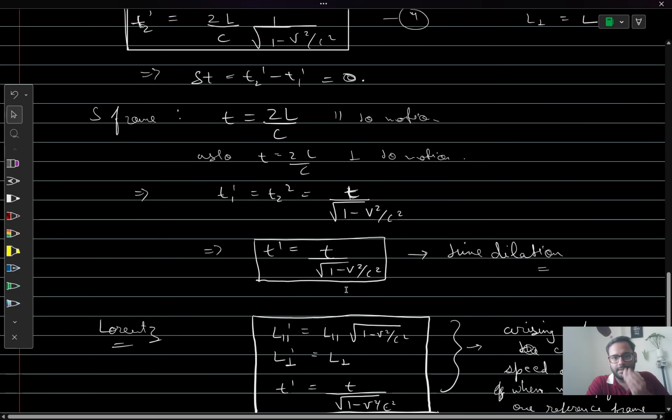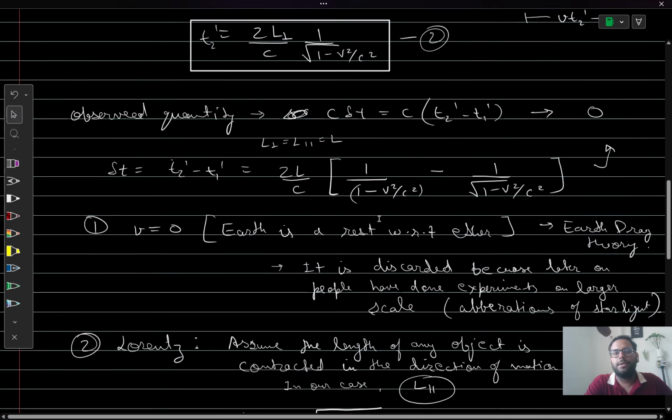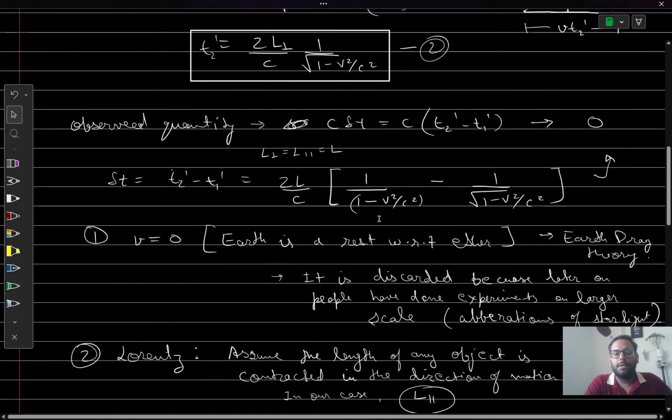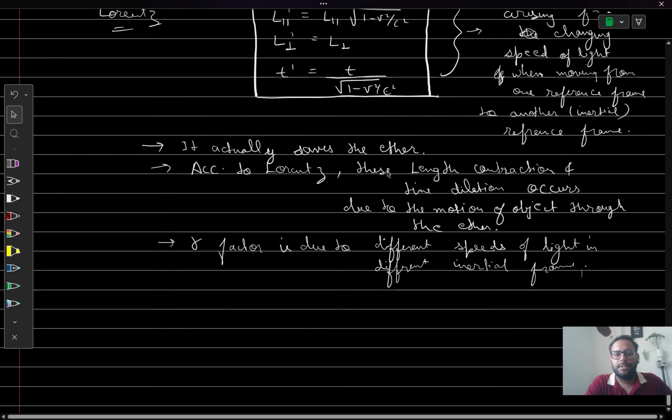This theory is correctly describing the Michelson-Morley results. But the thing is, this theory is discarded.